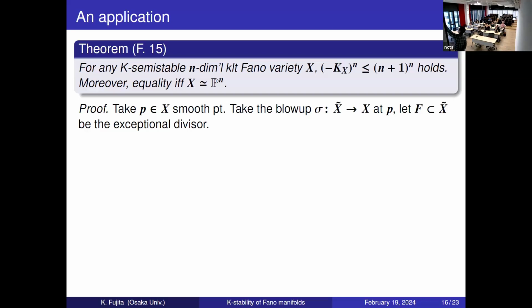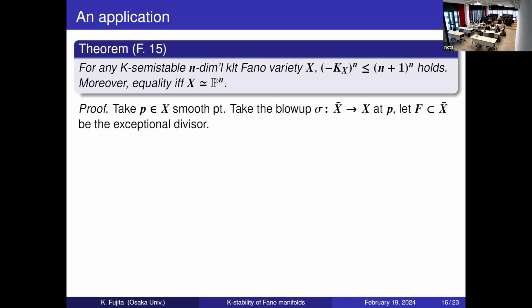For any K-semi-stable n-dimensional KLT Fano variety X, its anti-canonical volume is less than or equal to this value. So for projective space it is 1. Moreover, equality holds if and only if X is isomorphic to P^n.